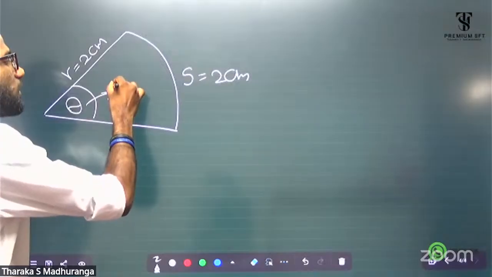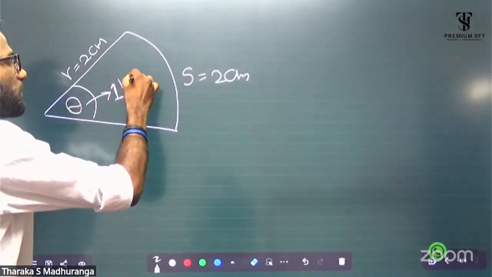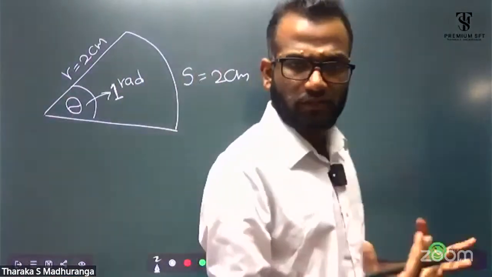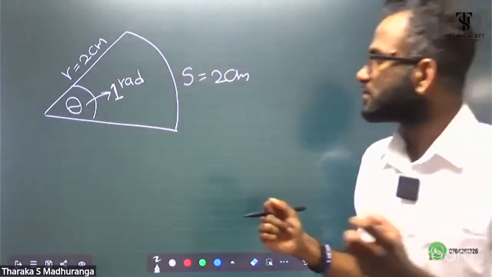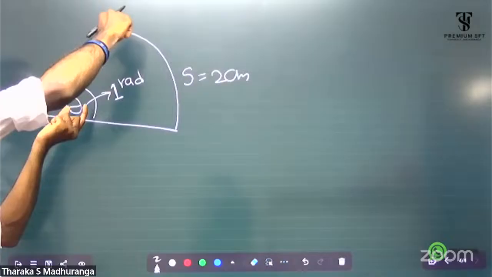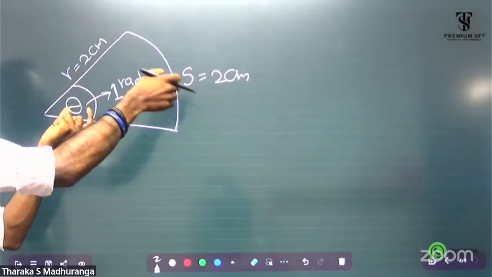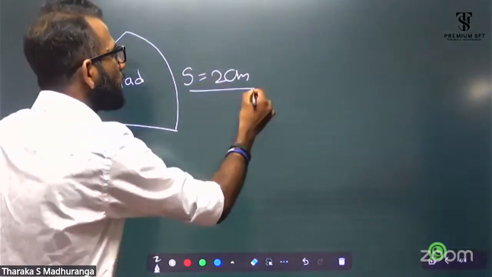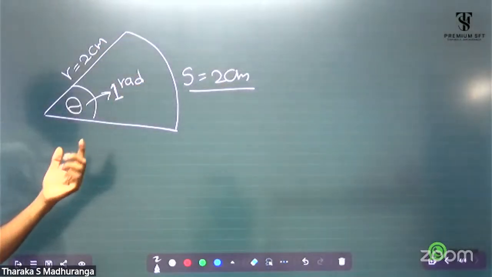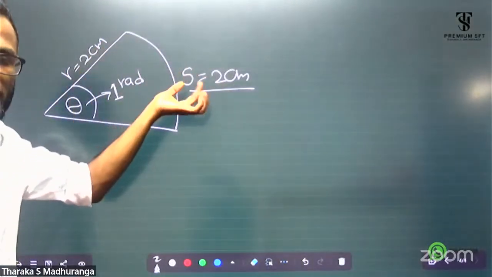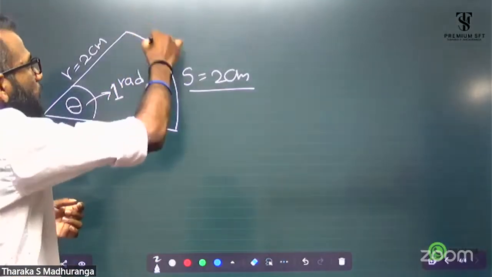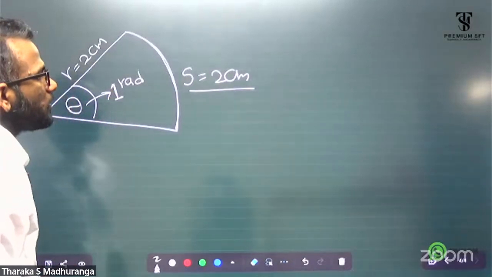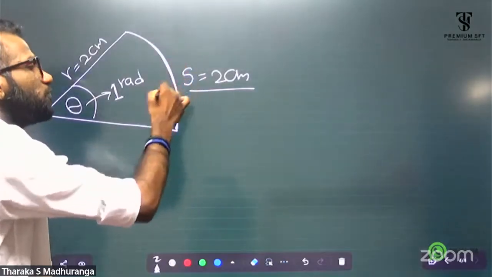I'm not going to give you the definitions again, we already discussed. 1 radian means the angle for which the arc length is equal to the radius. The arc length is 2 centimeter, radius 2 centimeter. Radius and arc length are equal. This sector's angle we call theta, equal to 1 radian. That's the simple meaning of 1 radian.